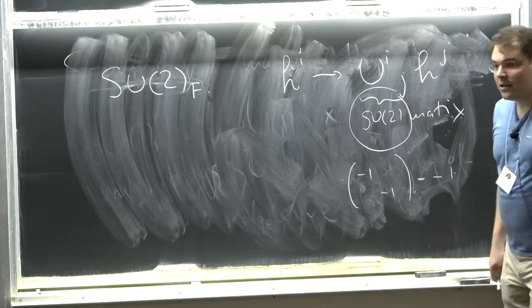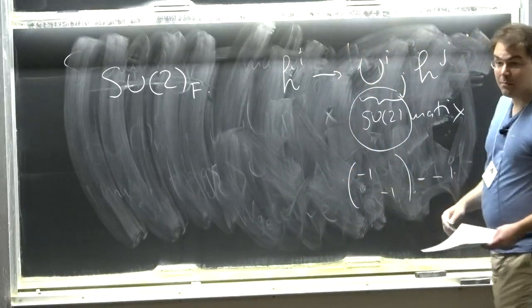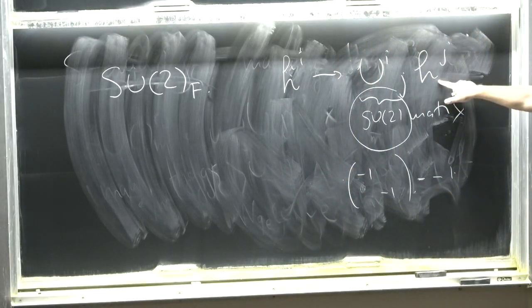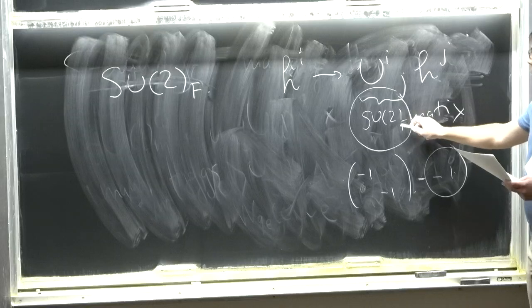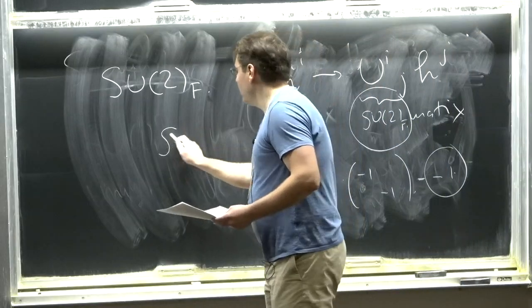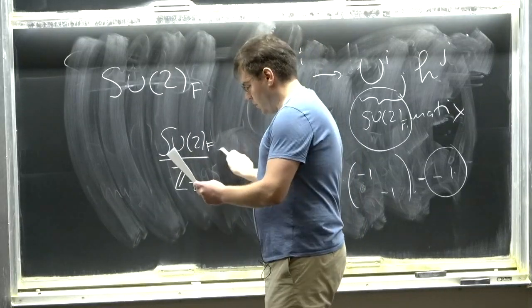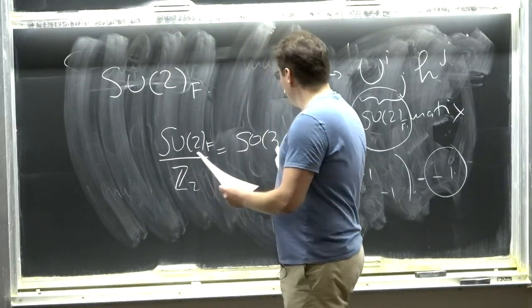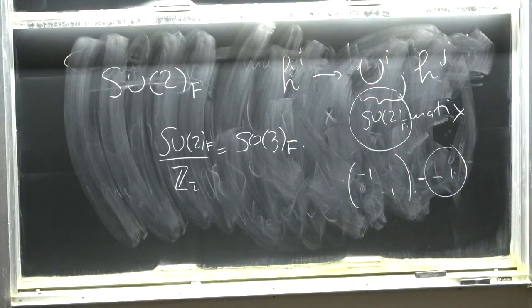And that can be undone by a gauge transformation with angle pi, because H also has charge 1 under the U(1) gauge group. Okay? So this element of SU(2) flavor is actually gauged, and therefore the quotient of SU(2)_F by this gauge Z_2 is SO(3). So the true flavor symmetry of this model is SO(3).